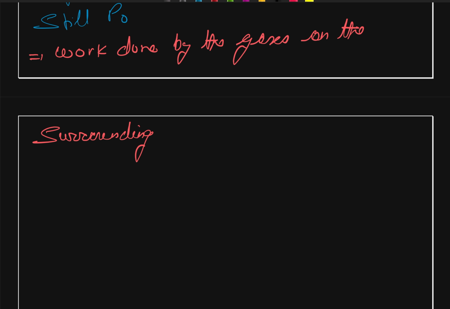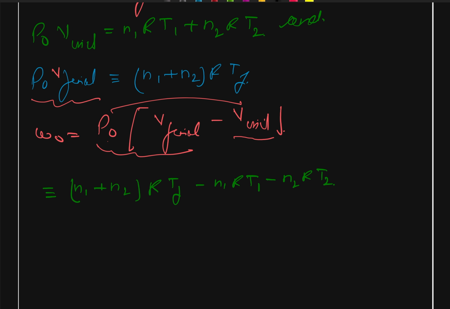Therefore, from here we get this is N1 plus N2 times R TF minus N1 R T1 minus N2 R T2, and R we can take as common, and T1 and T2 we already know, N1 and N2 we also know.